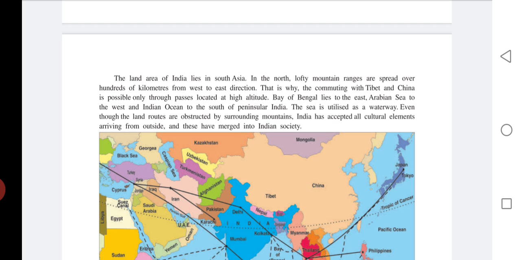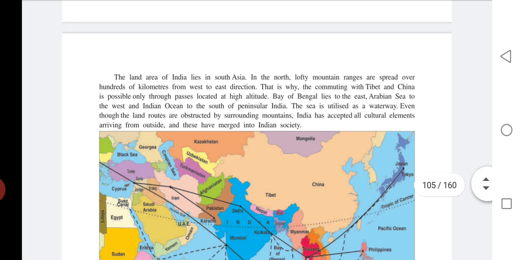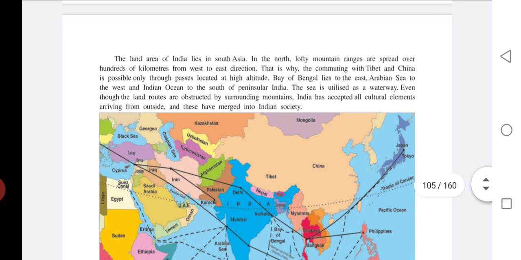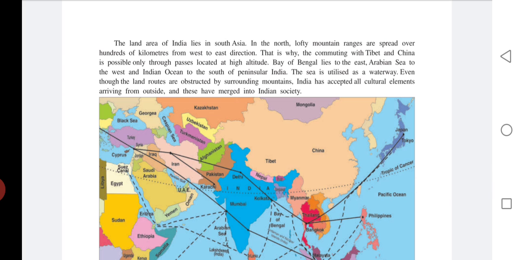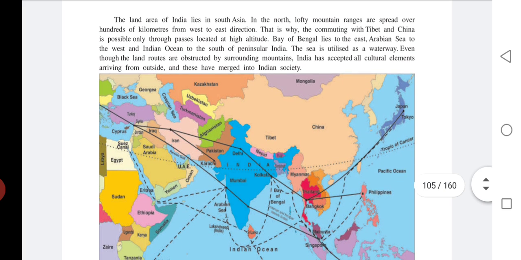Longitude: see the west side on your map, there is a number mentioned, 68.7. Do you find it? And on the east side, 97.25. Do you find it? Straight, 82.30.